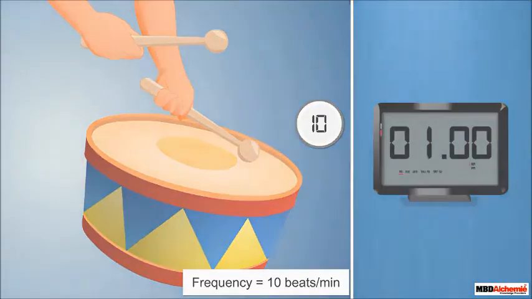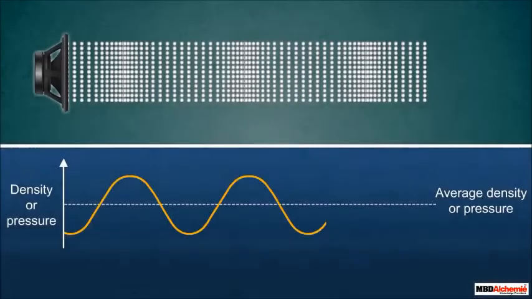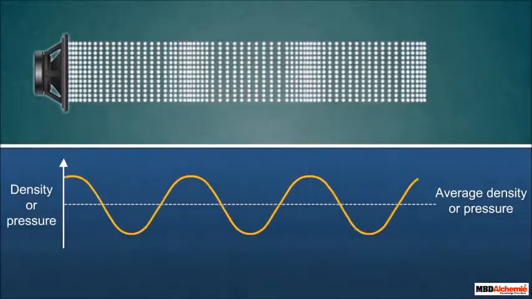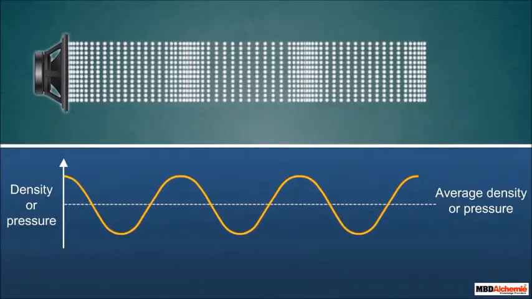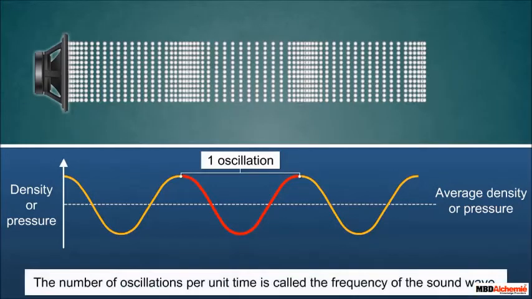We know that when sound waves propagate through a medium, the density of the medium oscillates between the maximum value and the minimum value. The change in the density from the maximum value to the minimum value and again to the maximum value makes a complete oscillation. The number of oscillations per unit time is called the frequency of the sound waves.